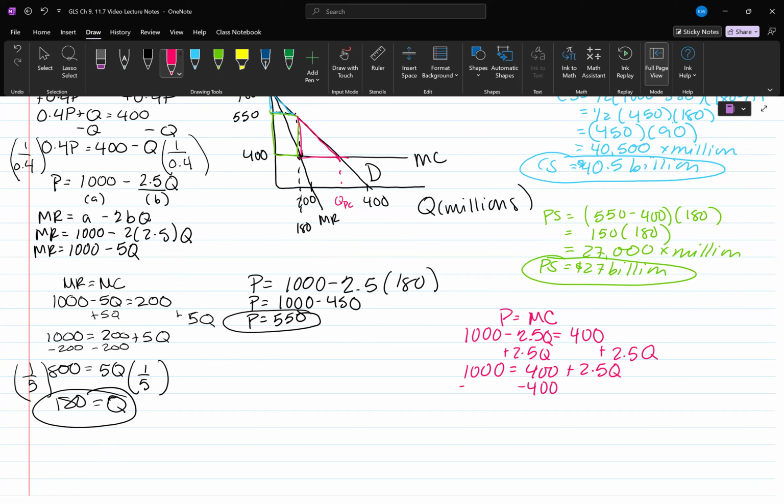Subtract 400 from both sides. We'll get 600 equal to 2.5 times quantity. And then we'll divide both sides by 2.5, which is the same as multiplying by 2 halves.